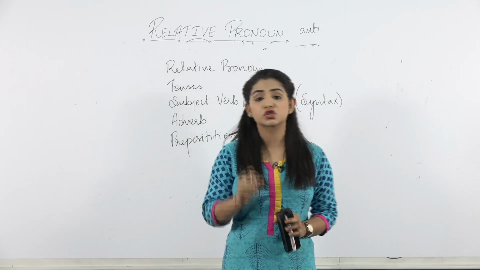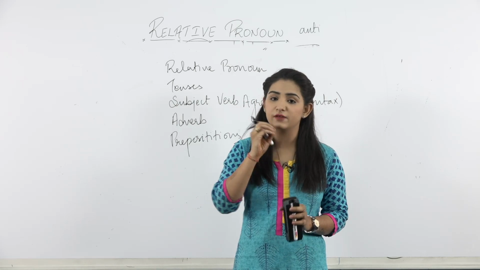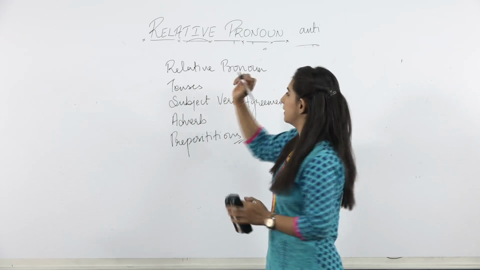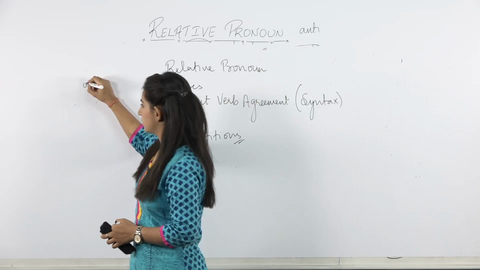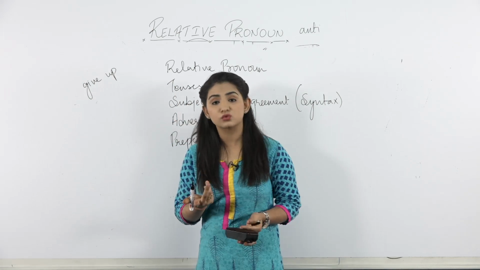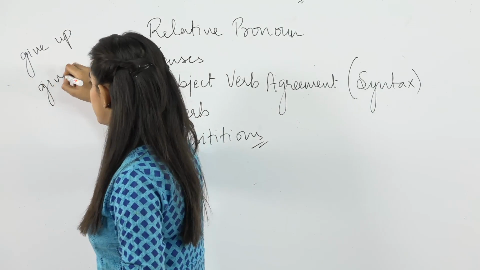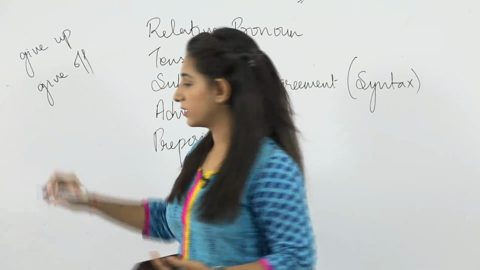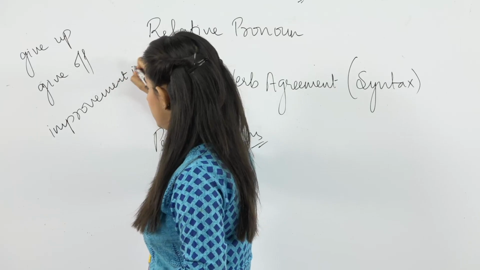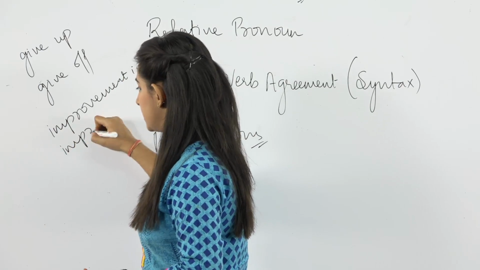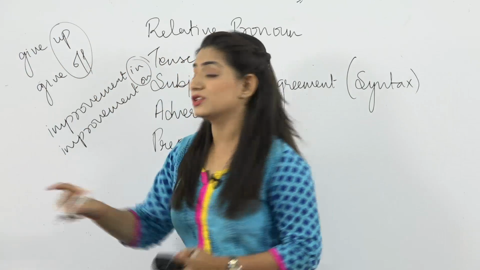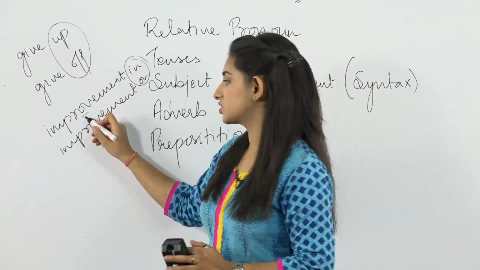Prepositions can be used with every word, and if you use it with a word, in that condition it can change its meaning. For example, if I say give up, तो उसका मतलब क्या है? Give up means quit. लेकिन अगर हम बोलते हैं give off, which means produce, अगर हम बोले improvement in, and if I say improvement on, so these are the words which change the meaning of the word which they are used with.